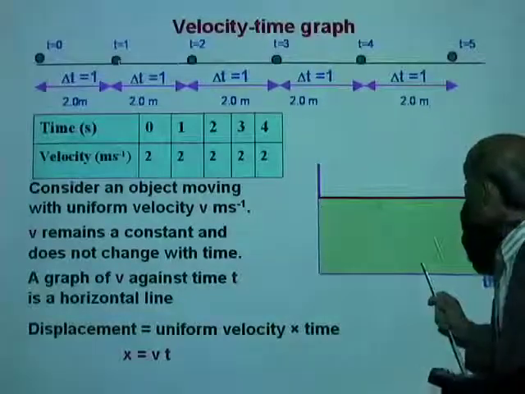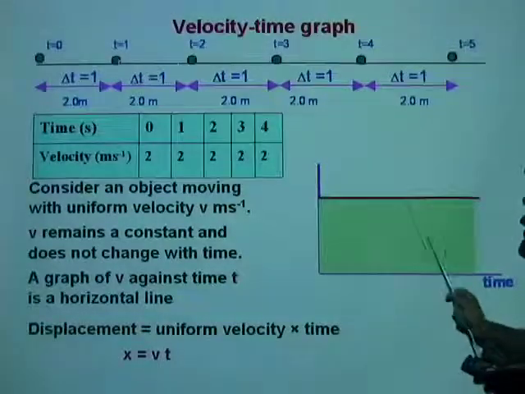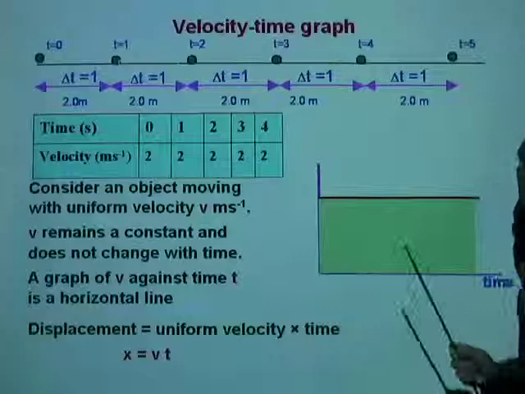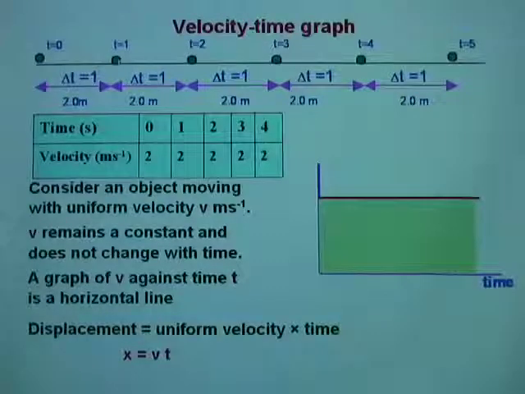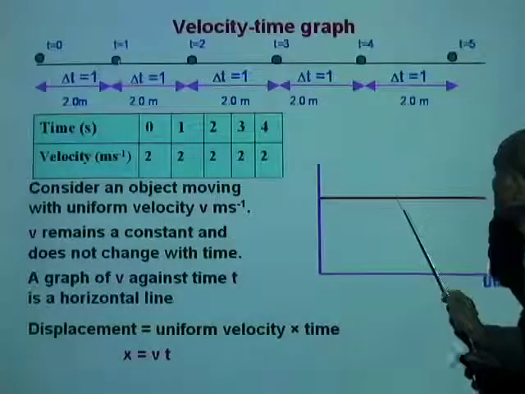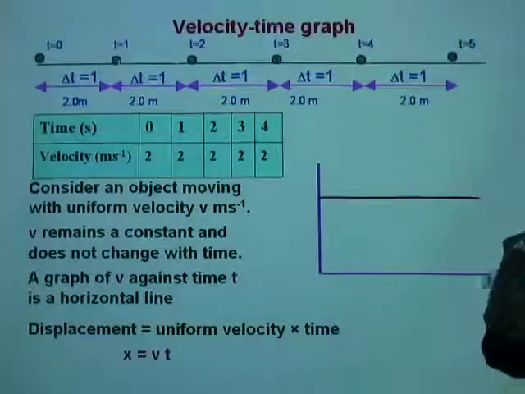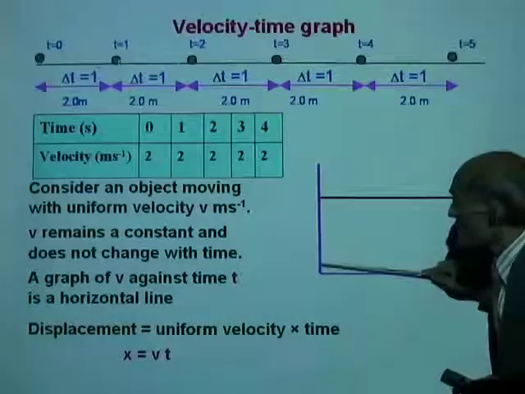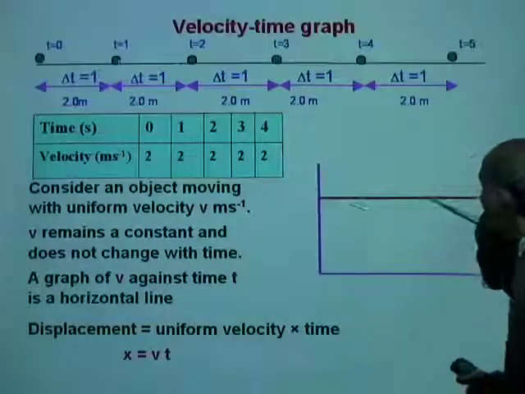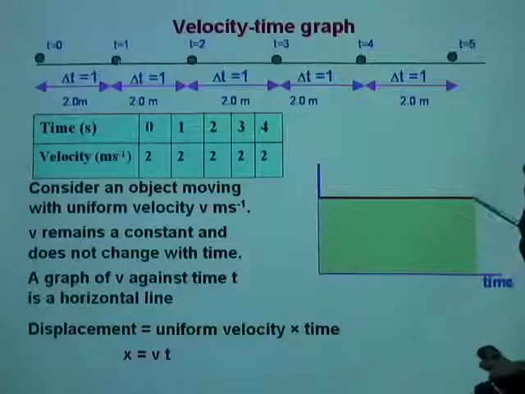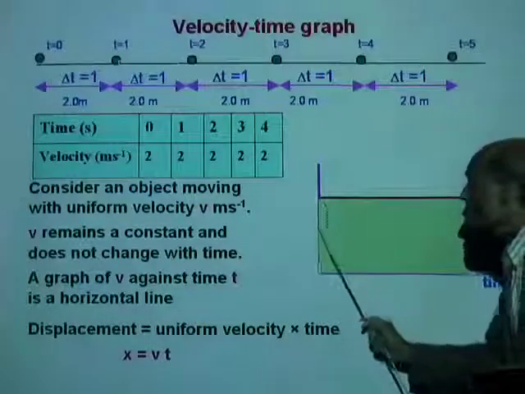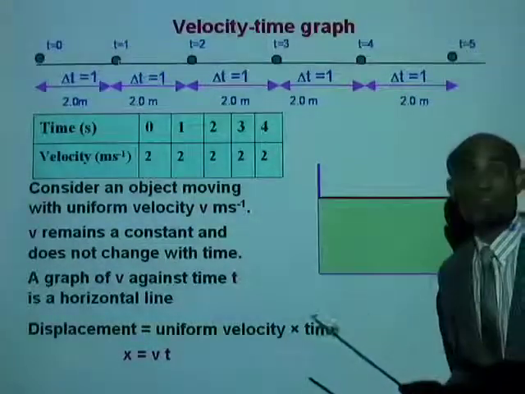Now look at the area under the curve. I have just shaded that area. What does the area under the velocity graph represent? If I shade this area, the shaded part is a rectangle.